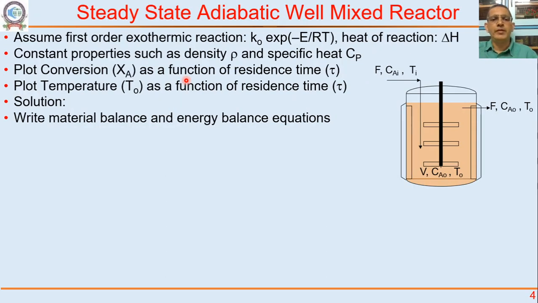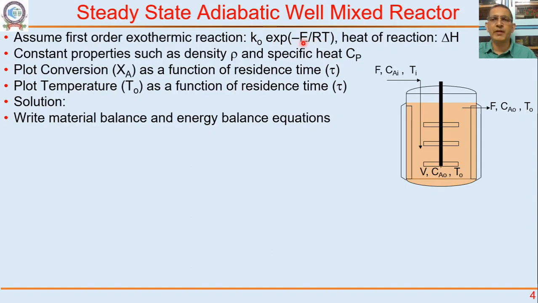What we are going to do in this lecture more specifically is focus on adiabatic well mixed reactors. We are going to look at steady state first and we will look at the unsteady state towards the later half of this lecture. First of all, we are going to do this analysis for a first order exothermic reaction where the rate constant is given as K0 times e raised to minus E by RT.